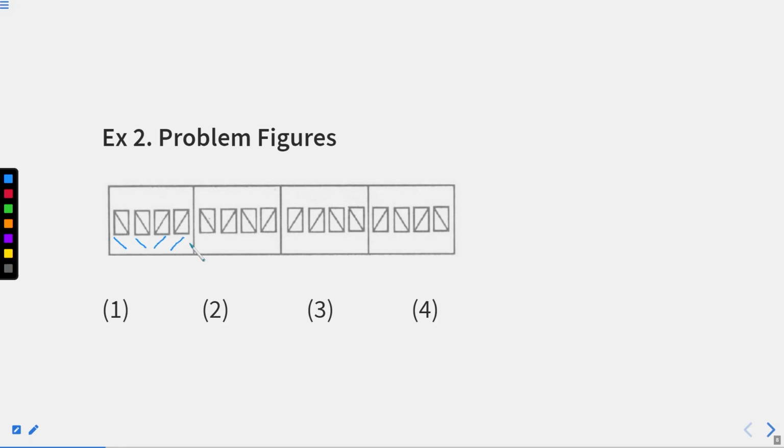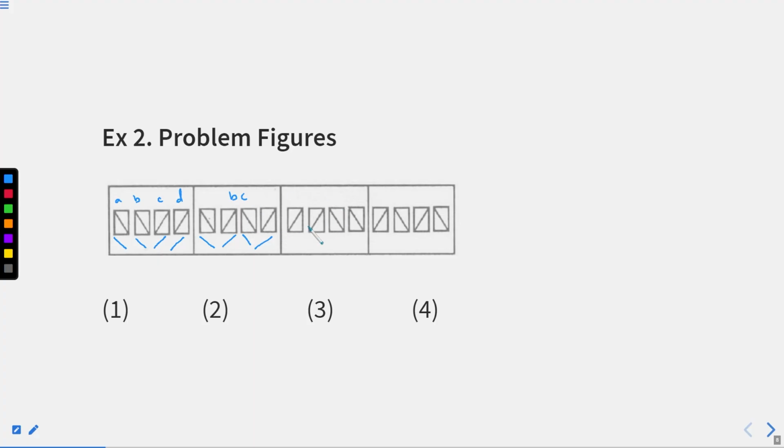Now what they are doing in the second figure: diagonals 1 and 4 are in the same direction as they are in figure number 1. But the diagonals of the middle 2 rectangles have changed their position to this and this. This is how they start changing. Now if I mark them as A, B, C and D, first B and C change their diagonal positions.